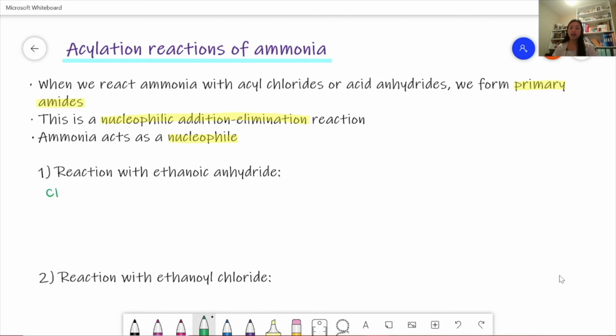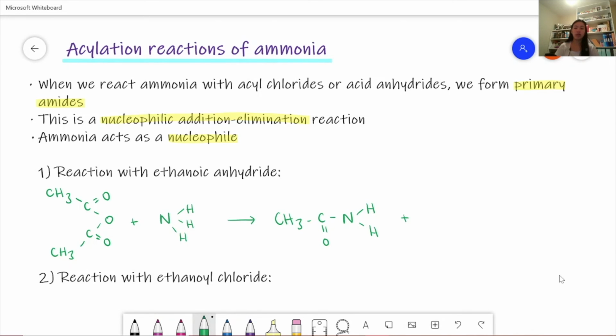So we have CH3, C double bond O, another oxygen, and then carbon double bond O, and then CH3. And this reacts with ammonia. So you have NH3, and this will form CH3, C double bond O, N, and then 2 hydrogens.